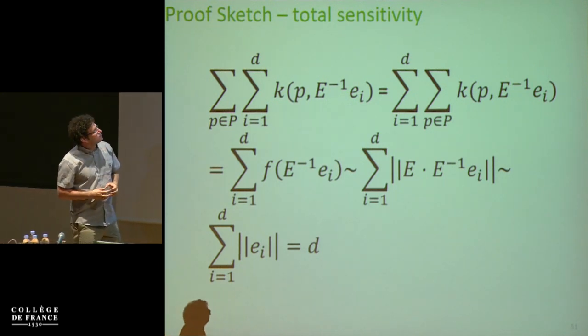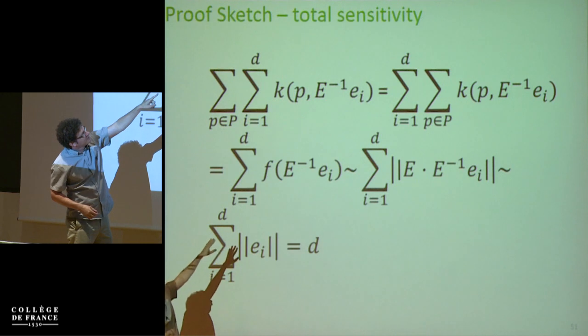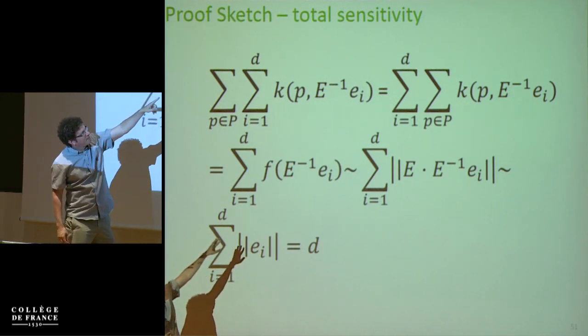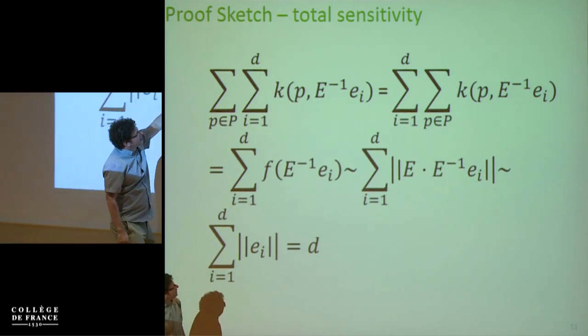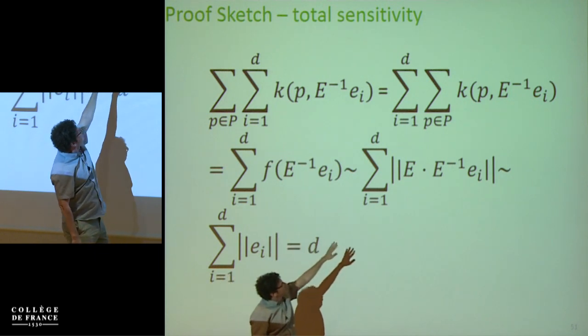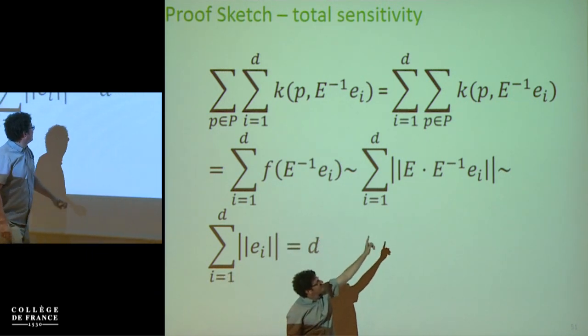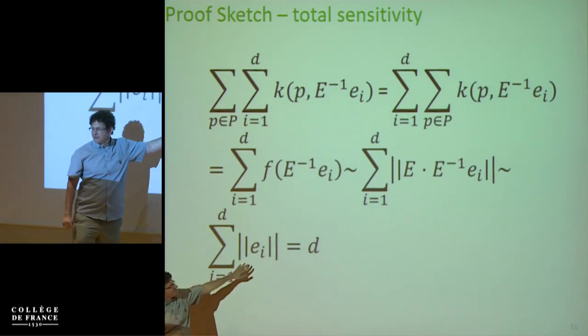And now this value is just the sum over i from 1 to d of f, because the sum of all the k's is just f for the specific query, A minus 1 ei. And then we can just replace f by the ellipsoid because we know that fx is just norm Ex, and then the E's cancel, and we get just the sum of standard vectors, which is d.